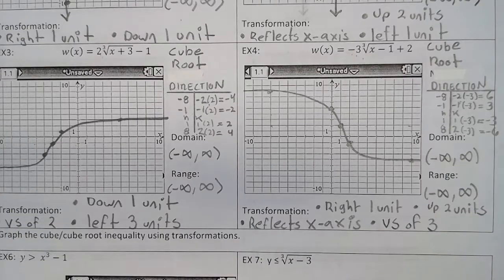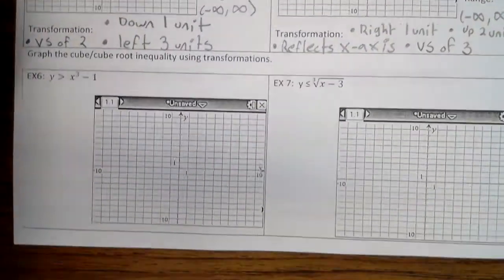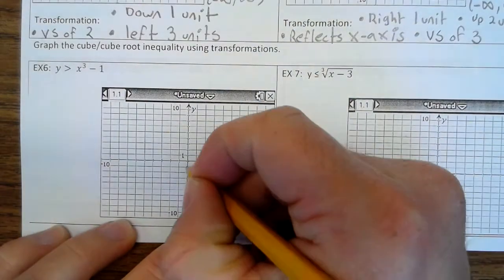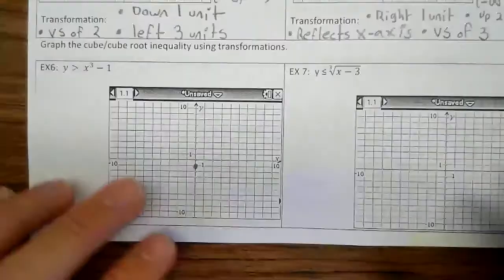All right, so now let's look at example 6. It says graph the cube and cube root inequality using transformations. Okay, so here we move the vertex down 1, and then we graph by direction.